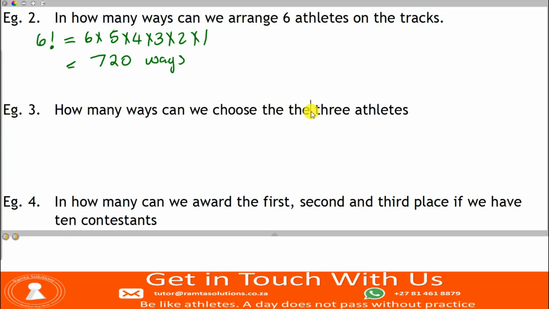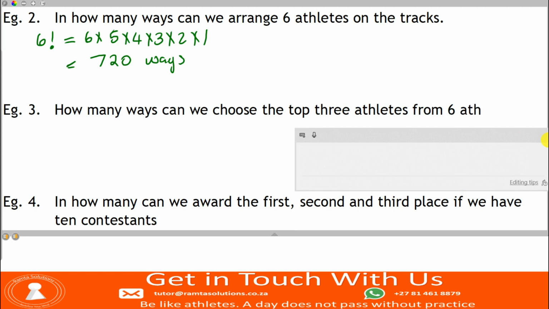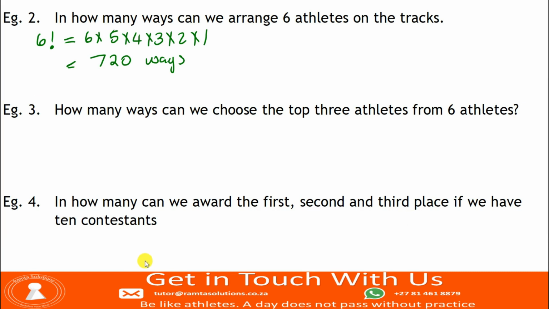It needs to be, in how many ways can we choose the top 3 athletes from 6 athletes. Perfect. It's fixed. Thank you. Now, in how many ways can we choose the top 3 athletes from 6 athletes?